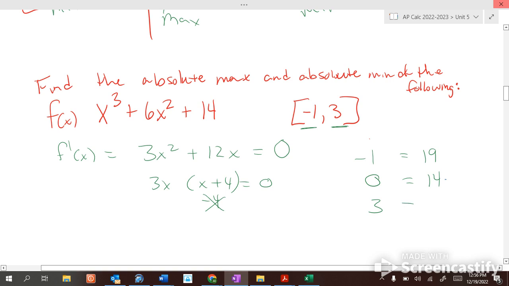Plus 14 is 95, right? So this would be the absolute max. And this would be the absolute min in this function. So it's coming down and then going up.